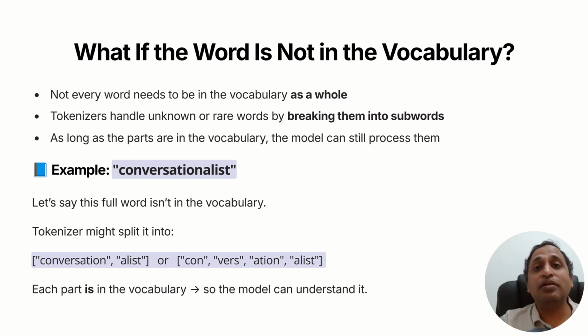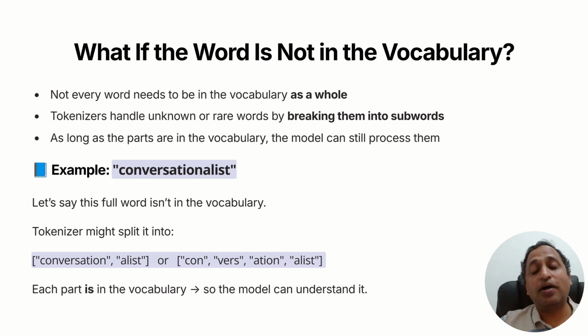For example, take a word like "conversationalist", right? It's a valid word, but assume this word is not in your model vocabulary. The tokenizer would still know how to handle it. It might split it as "conversation" and "alist", or even more granular, "converse", "ation", "alist", something like that.